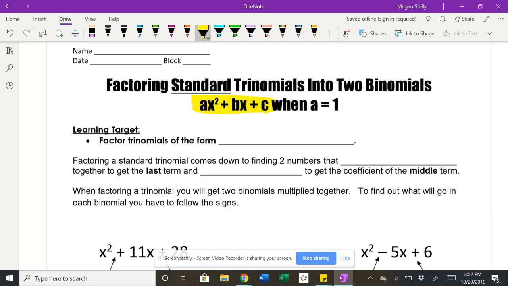We are going to need to know this form from now until most likely the end of the school year. This is one of those y equals mx plus b type equations. Today we are going to factor trinomials where a is equal to 1. So there is no coefficient in front of x squared because it's an understood 1. Tomorrow we're going to look at how we factor when a does not equal 1.